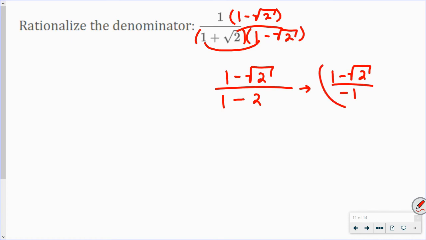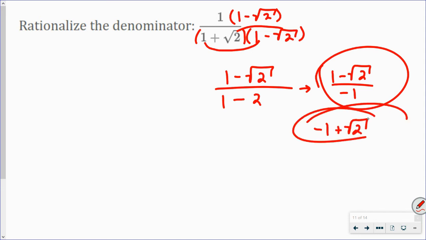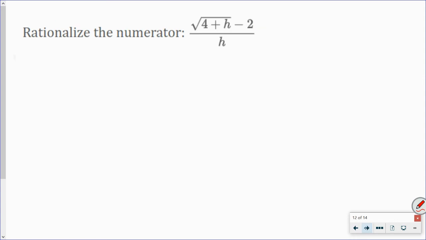So you could leave it like this, or you could divide everything by negative 1 and get negative 1 plus radical 2. This here is the preferred answer because we don't like putting 1s on the bottom. Okay, so it's all about getting that radical off the bottom.